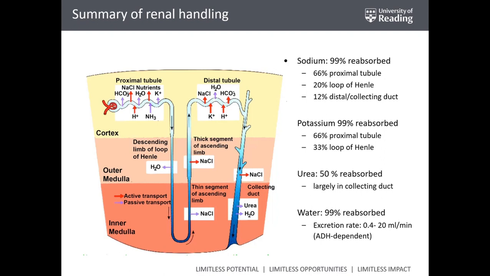In the distal tubule, we do have the regulated absorption and secretion of various ions, including sodium and potassium, while in the collecting duct, we have the concentration or the dilution of urine depending on the secretion of ADH, which depends on the osmolarity of the plasma.